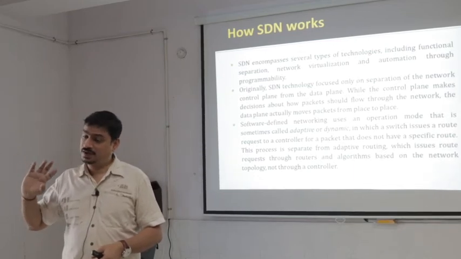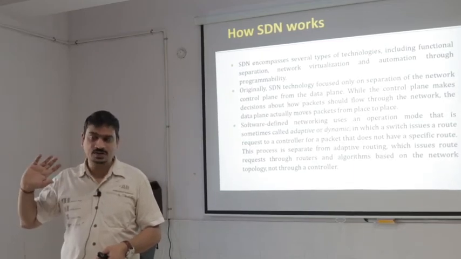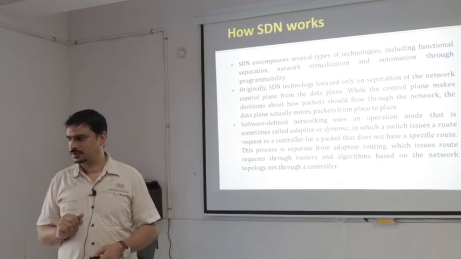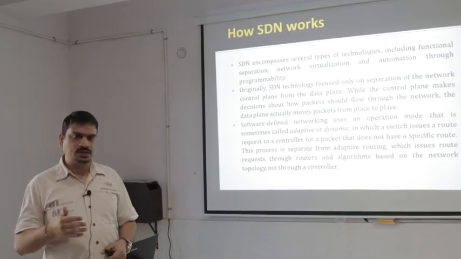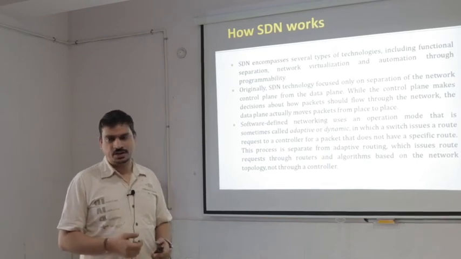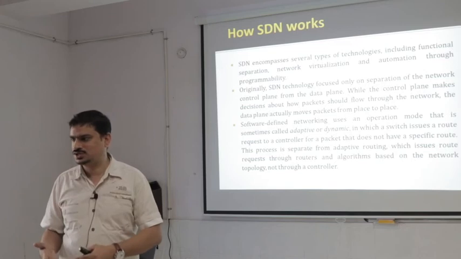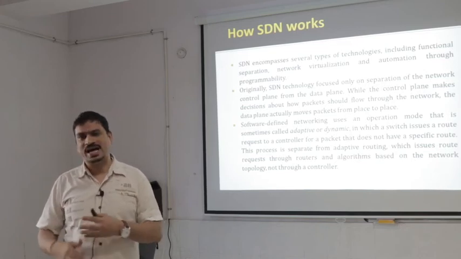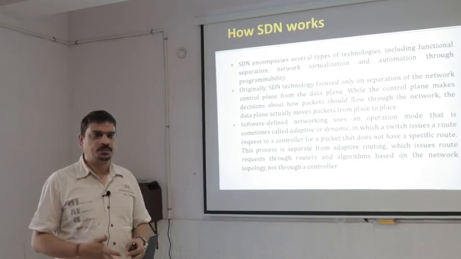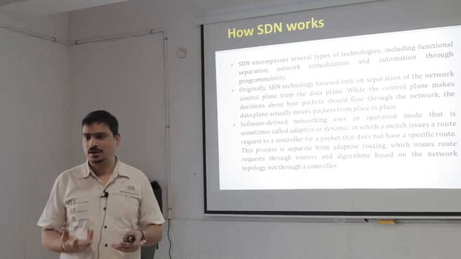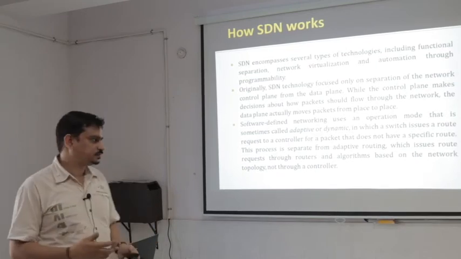So that was the previous thought in software defined networking. But in a recent advancement of the technology, this SDN functionality has been changed to an adaptive or dynamic nature of the traffic. Means depending upon the traffic, it will take the decisions.